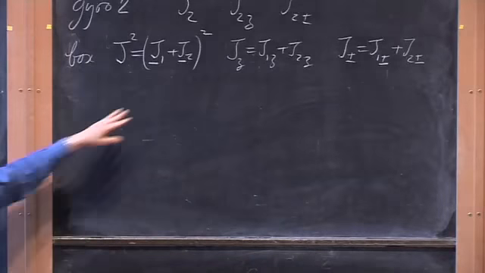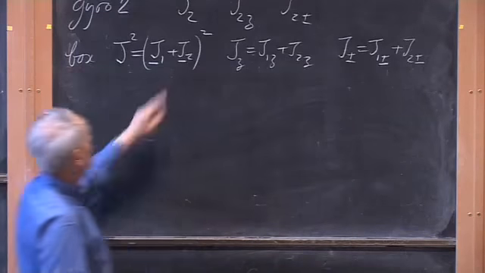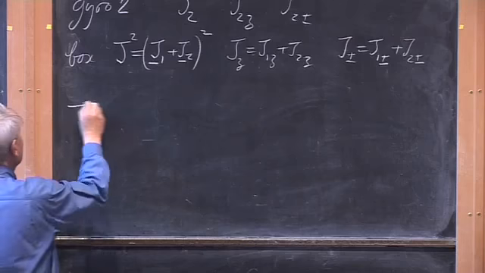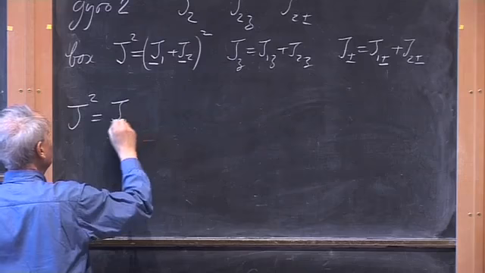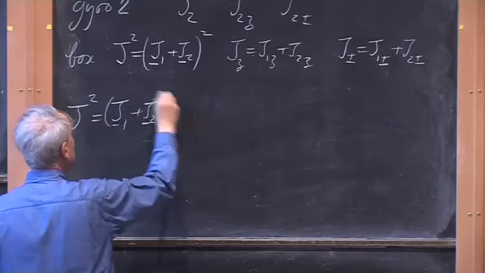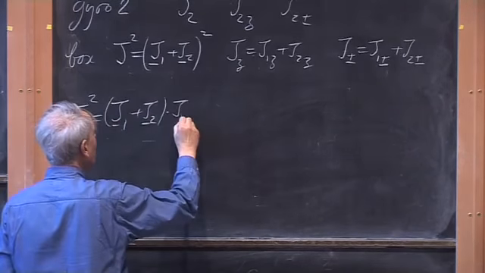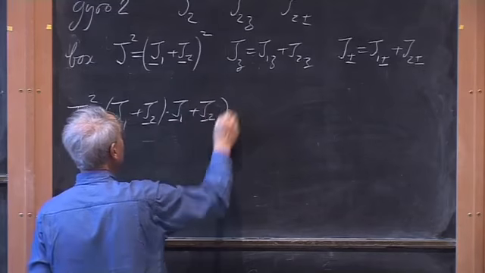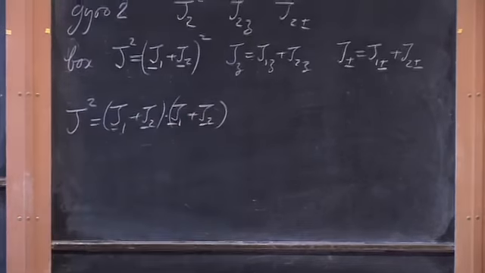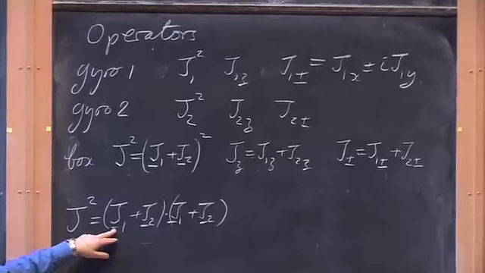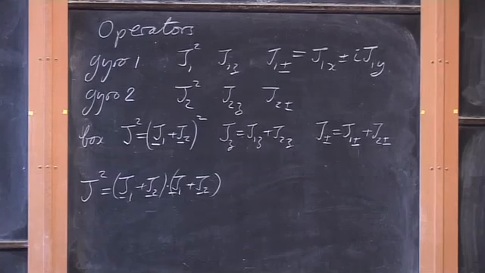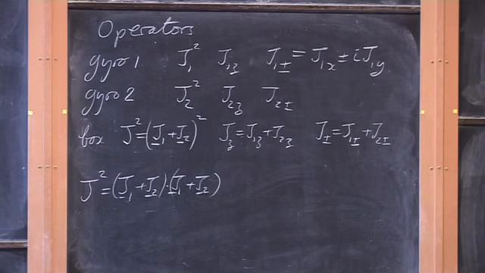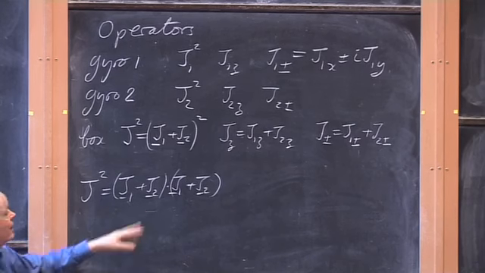These are fairly straightforward, but we have to do a bit of footwork. So let's expand this. We have that J squared for the box is equal to (J1 plus J2) dotted into (J1 plus J2). There's nothing funny going on here because, as we covered in the composite system discussion, operators belonging to distinct systems always commute.